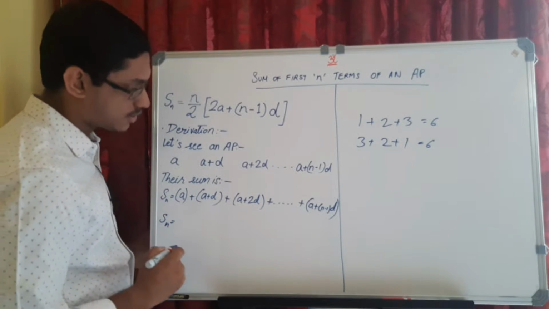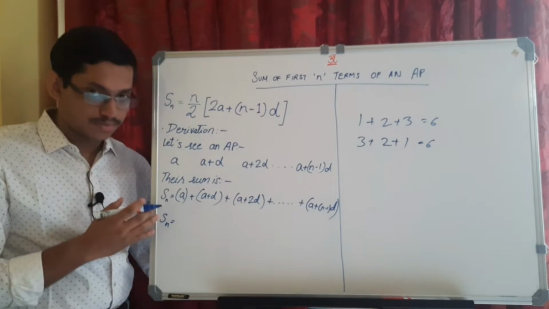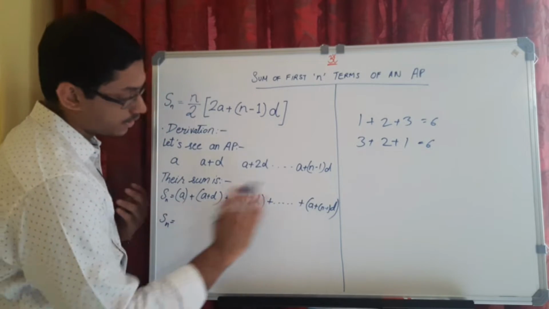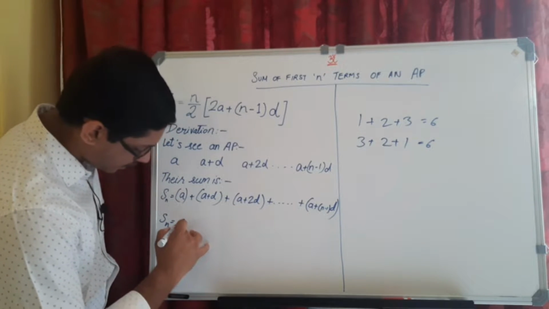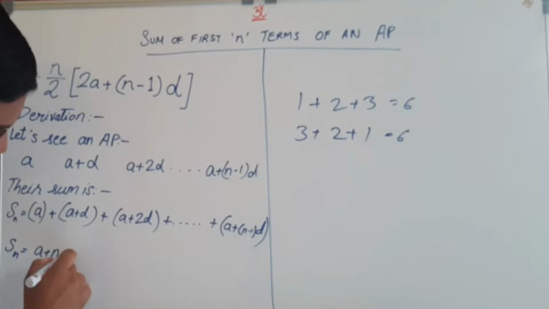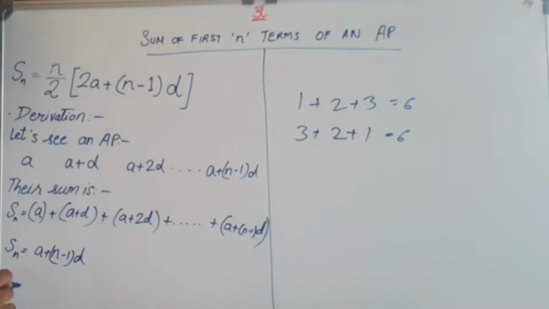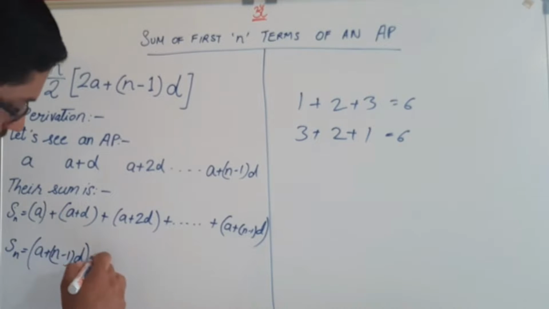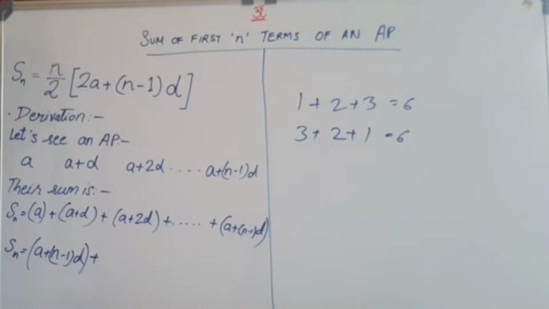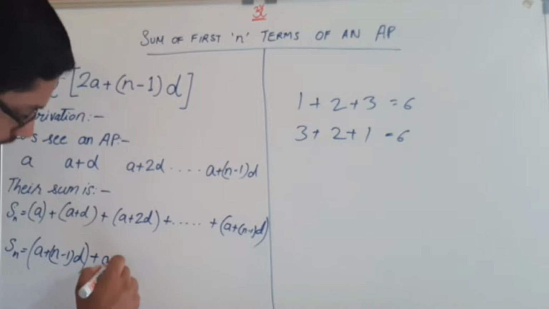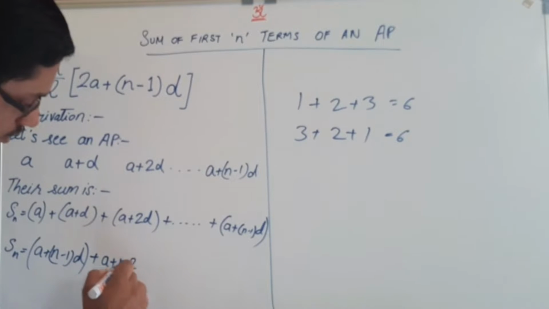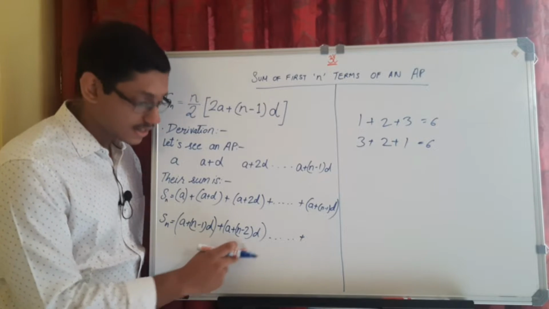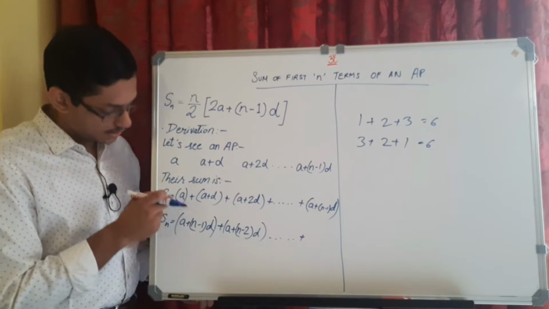Similar to this, I will do it here. Sn equals, I will reverse all the terms. Here 1, 2, 3 is reversed, becomes 3, 2, 1. Here I will reverse all the terms. How? a plus (n minus 1) d. This is a whole term. Then comes a plus (n minus 2) d. So this is continued till what term? Till a.